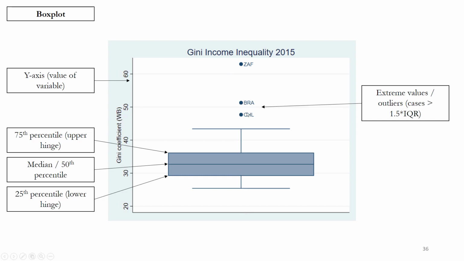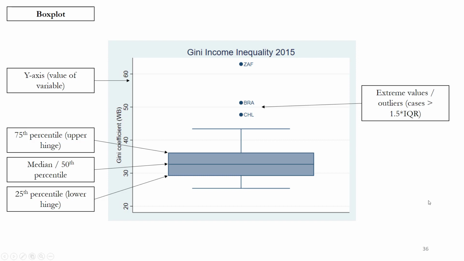The way Stata decides whether or not to identify these specific points is if they fall 1.5 times the interquartile range, which is this distance here. If any point, whether it's an individual or a country, falls greater than 1.5 times this distance here, then it is marked on the plot as an outlier, and similarly below for low values.